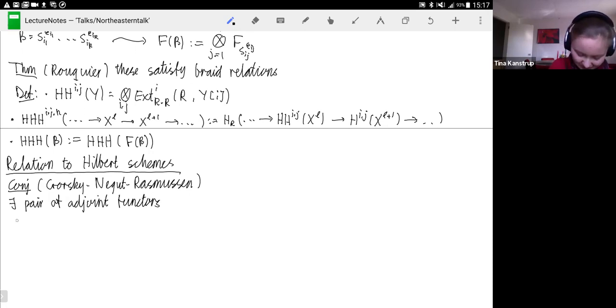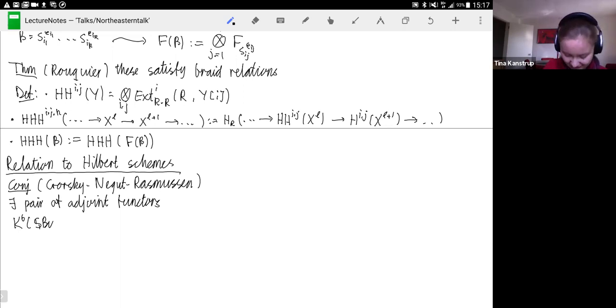Actual Hilbert schemes will appear later in the talk, but for this conjecture, it will be this kind of weird looking thing.